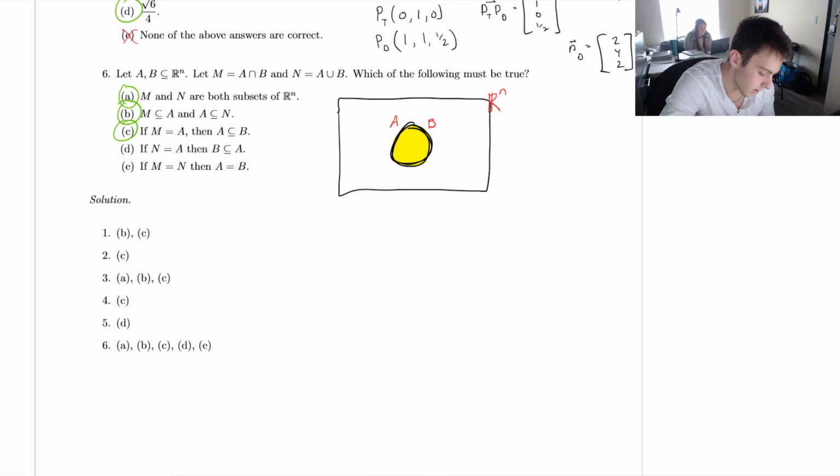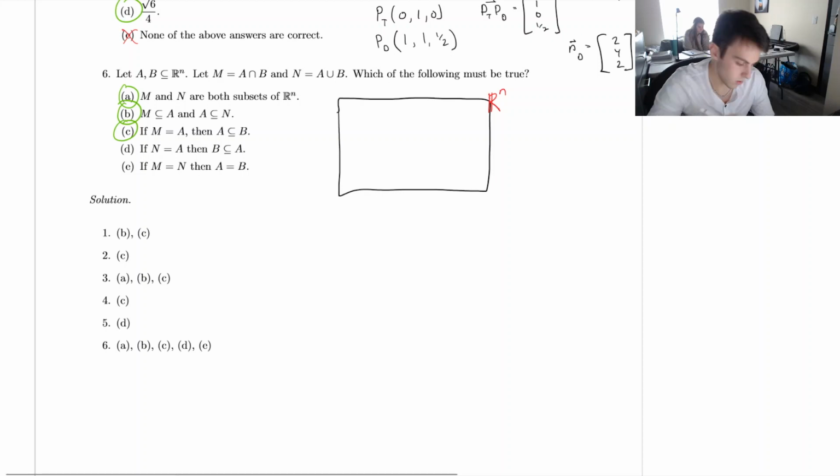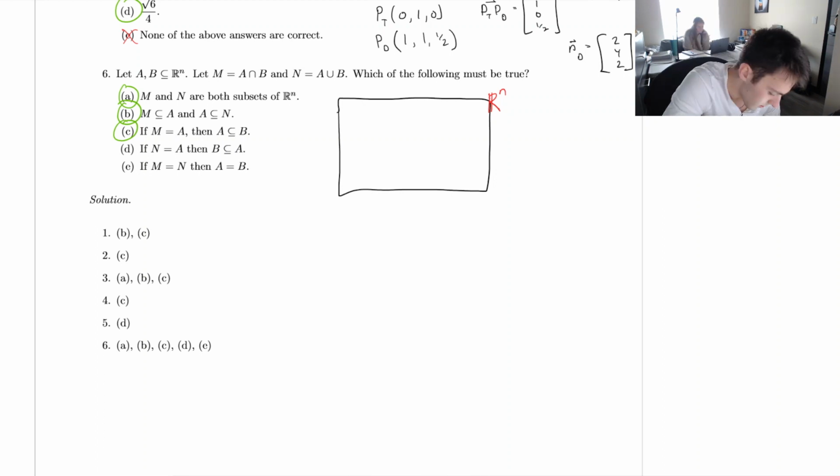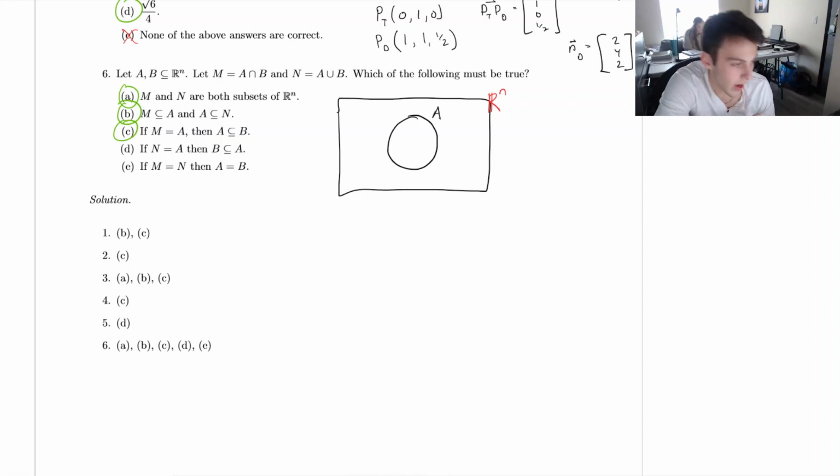Okay, so then we've got if N is equal to A, then B is a subset of A. So let's think about this. Since N is the union, let's draw this big circle A. The circles don't have to lie right over top of each other since it's the union, but A has to basically engulf B, because we're taking all of it.